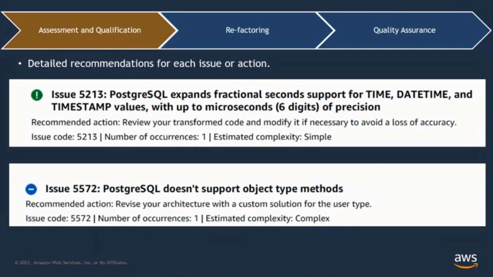For each item discovered by SCT, it provides further details on the problem and the actions that should be followed to resolve it. And this is where DMA comes in. There's some complexity to database conversion, and the DMA experts are here to help you.